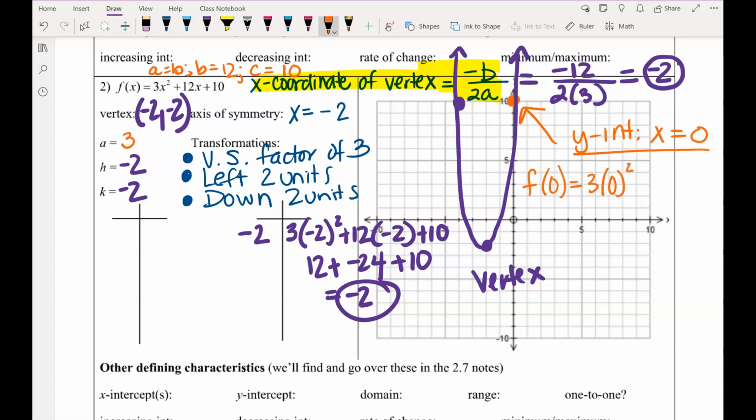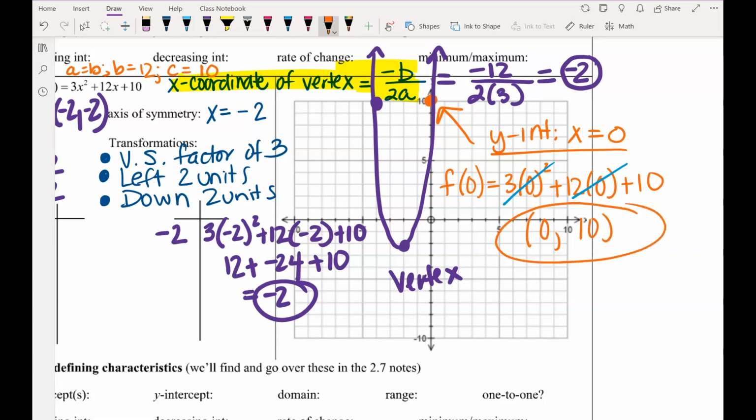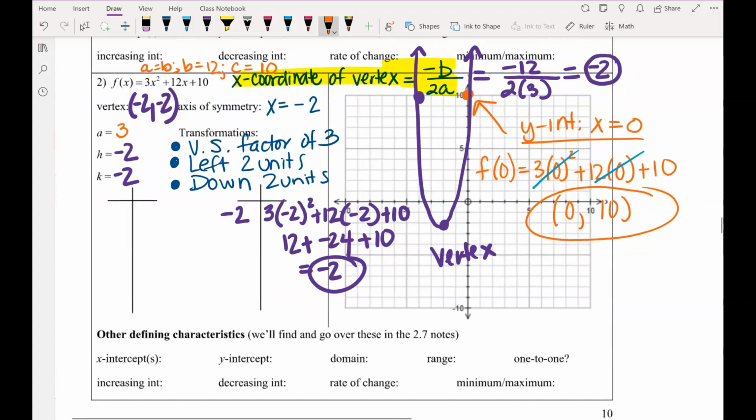So 0 squared times 3 plus 12 times 0 plus 10. What happened to those terms right there? They disappear. So that's why we have a y-intercept at (0, 10). Is that okay? That's a really good question. Thank you.